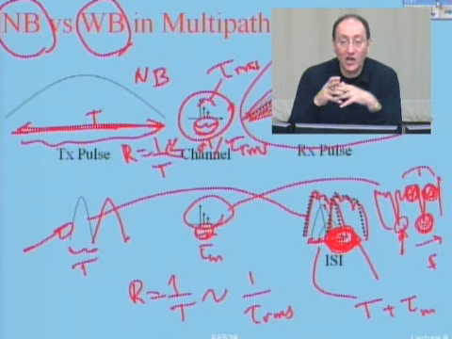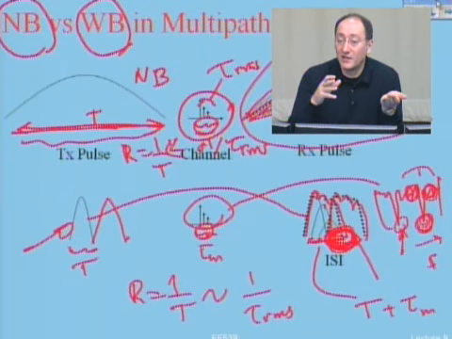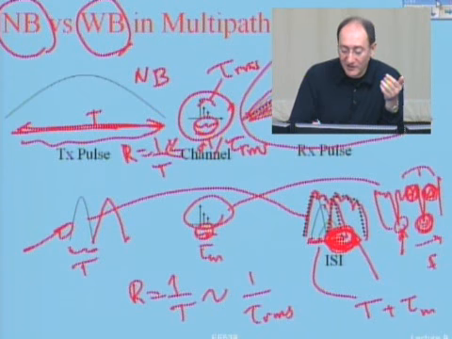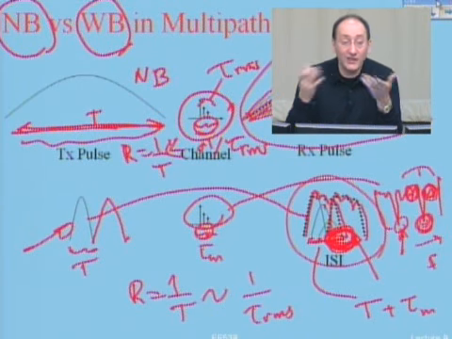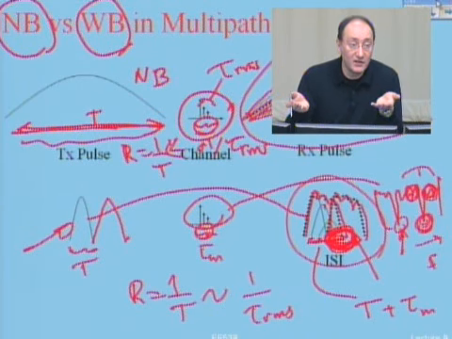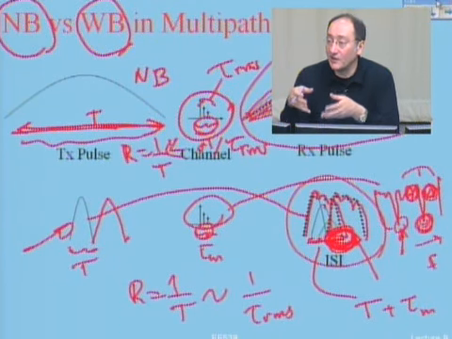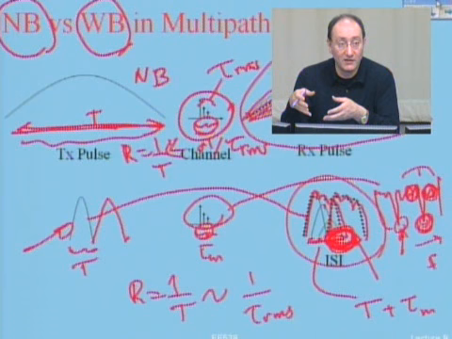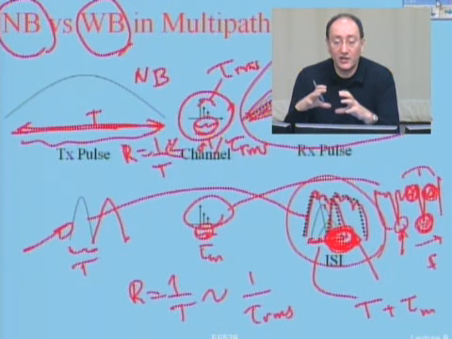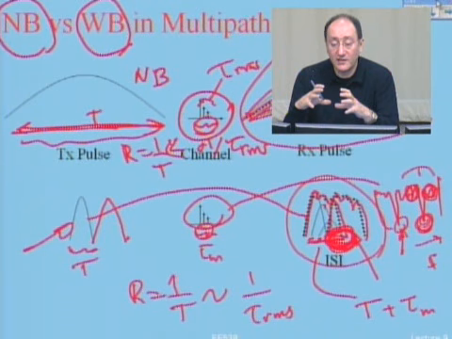Okay? In the time domain, what happens is this thing that I showed you. I will have intersymbol interference. So you can look at that from the time domain, and you can look at that from the frequency domain. In the time domain, multipath causes intersymbol interference.